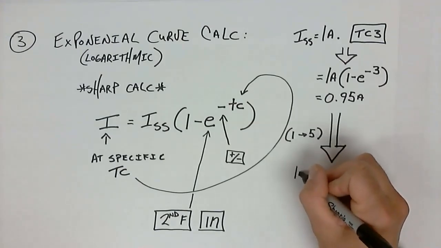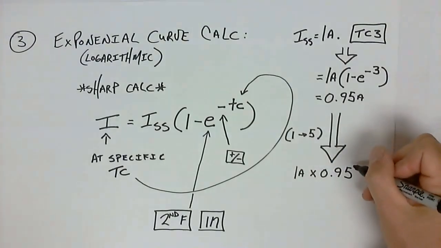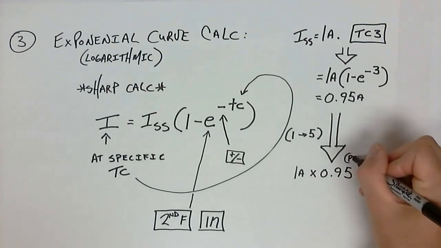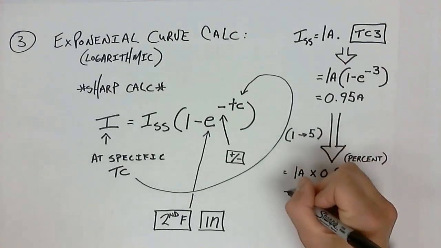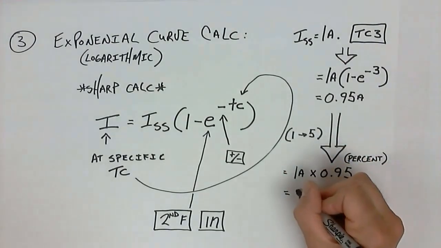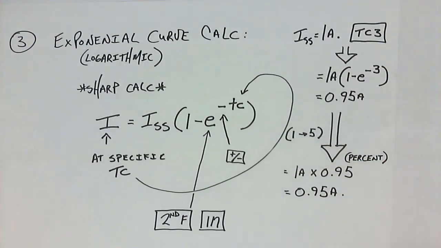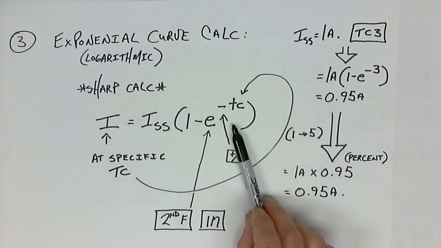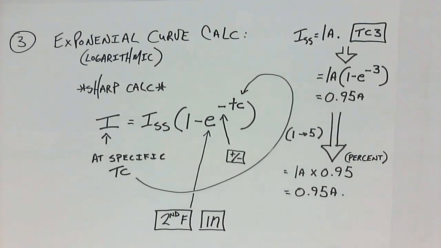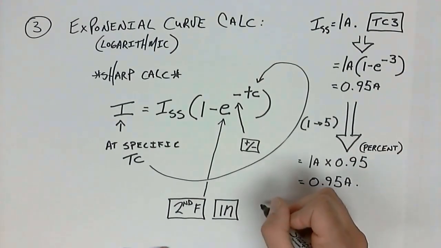So 1 amp times 0.95, and that's simply using our percent if we want to memorize it, equals, well, 0.95 amps.